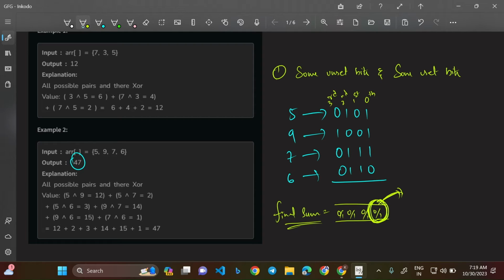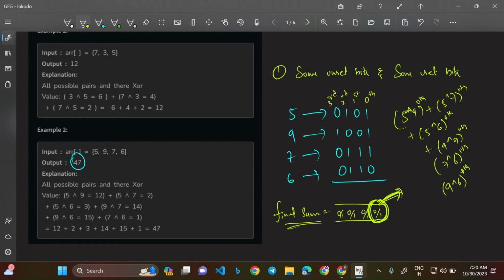But that result at the 0th index in the final result is because of the XOR of all the numbers at the 0th position: 5 XOR 9 at the 0th position, plus 5 XOR 7, plus 5 XOR 6, plus 9 XOR 7, plus 7 XOR 6, and 9 XOR 6, all at the 0th position.